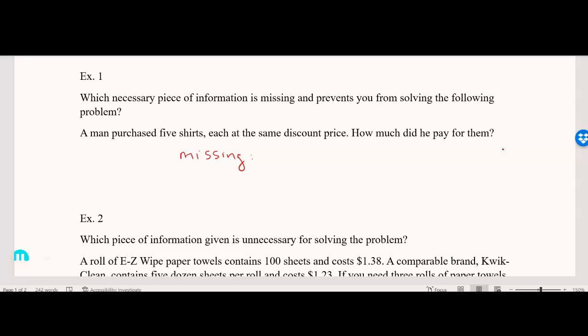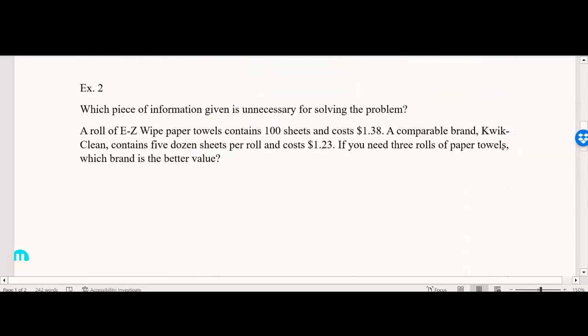We're missing how much he paid for each shirt. That would be missing. So you can't even come up with a solution here until we find out what was the discount price he paid. And then from there, we can go ahead and calculate. That's all we have to do for that one.